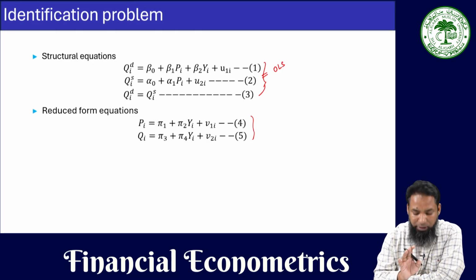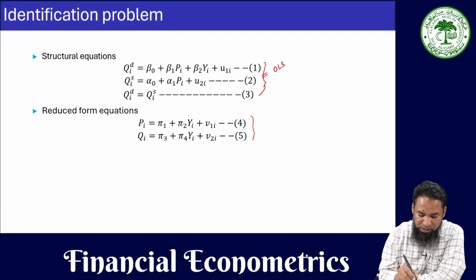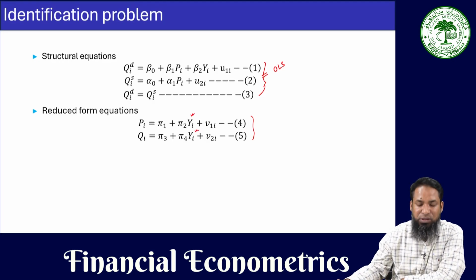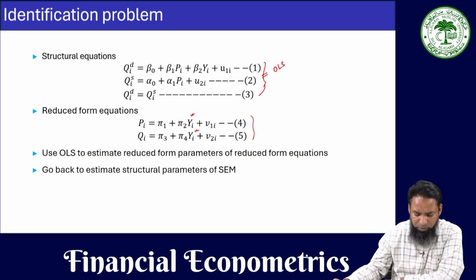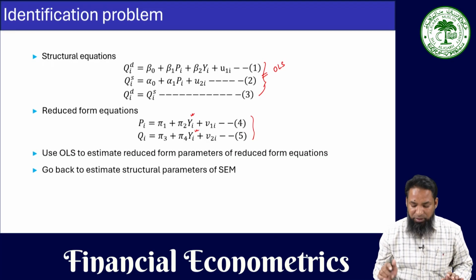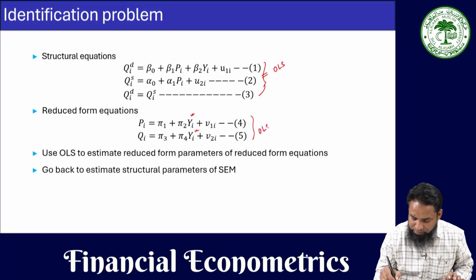However, in the reduced form equation we do not have the problem of simultaneity bias, because y is an exogenous variable and the endogenous variable depends only on the exogenous variable. So there is no problem of simultaneity, and we can use OLS to estimate the parameters, that is the pi's.